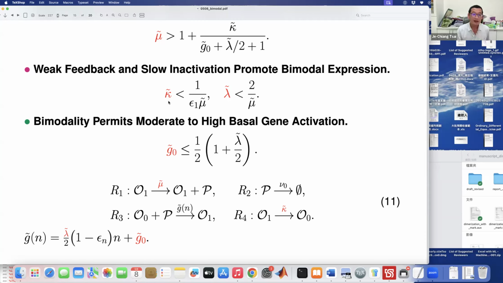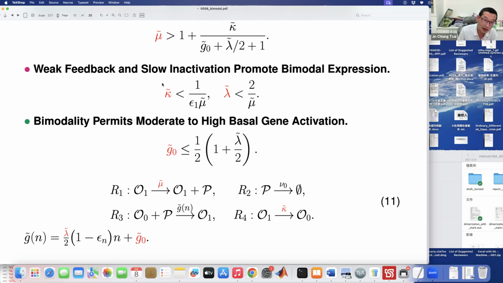So kappa delta small means that the gene is more likely in the active state, and lambda delta small means that the gene is more likely in the off state. So it somehow is in a balance. This is consistent with the well-known principle that if you would like to have bimodality in the system, then the promoter activity should be slow.